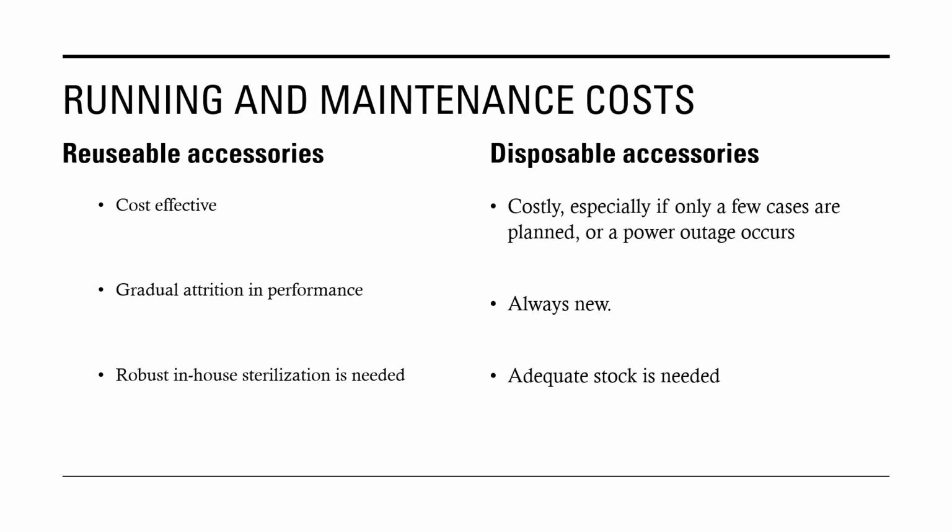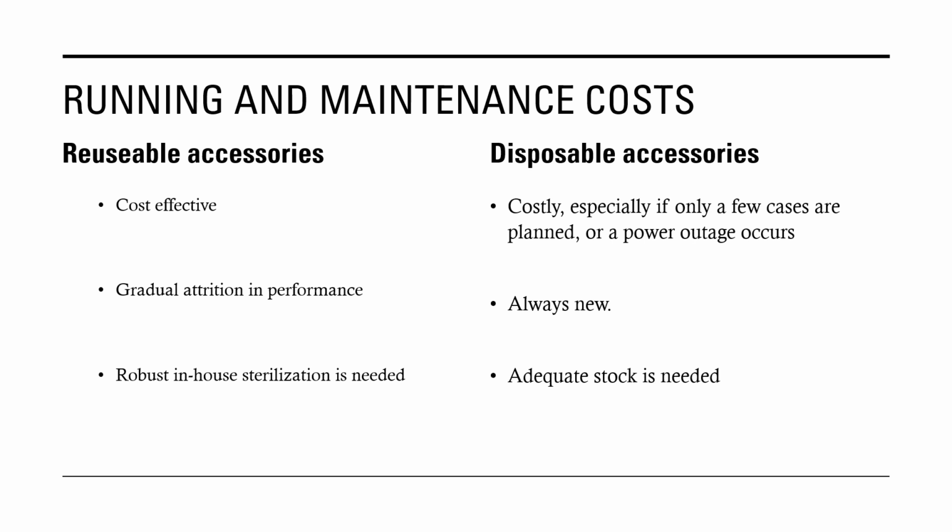The reusable accessories will always have some life, so there will be a gradual attrition in performance. On the other hand, the disposable accessories are fresh and new every day, so the performance of the machine would be just like a new machine.